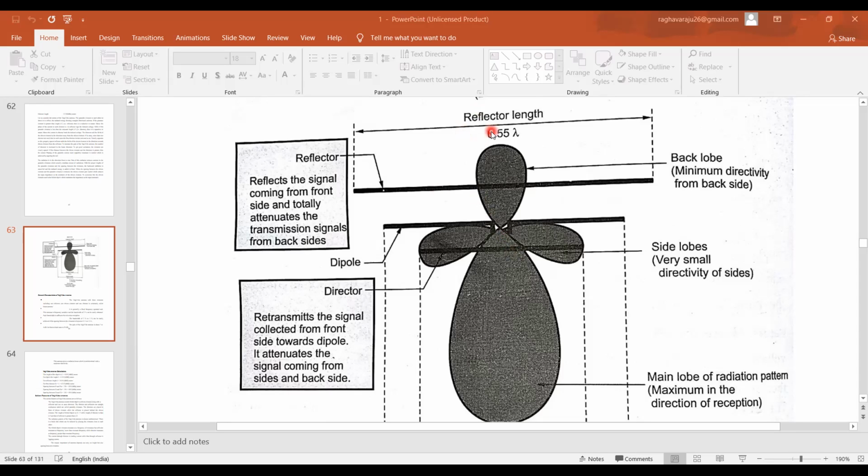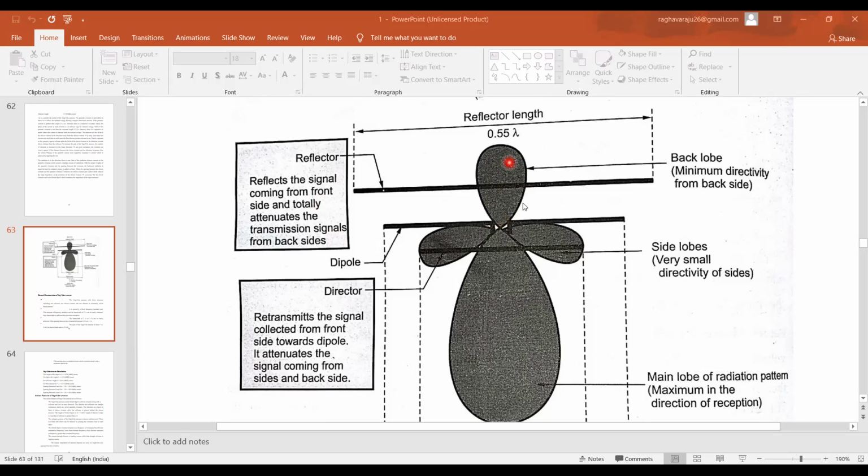This reflector reflects the signal coming from front side and totally attenuates the transmission signal from back side.